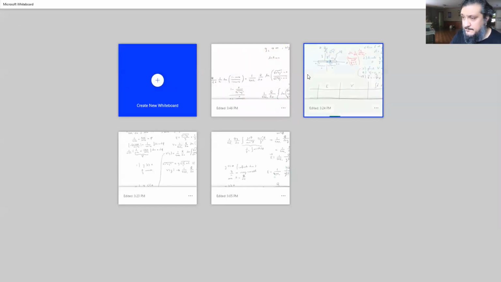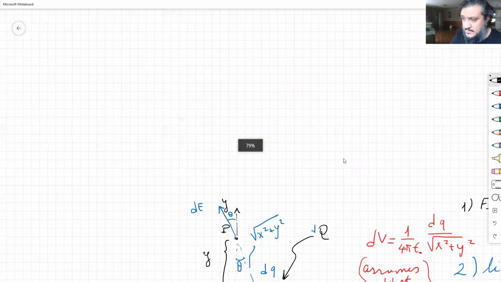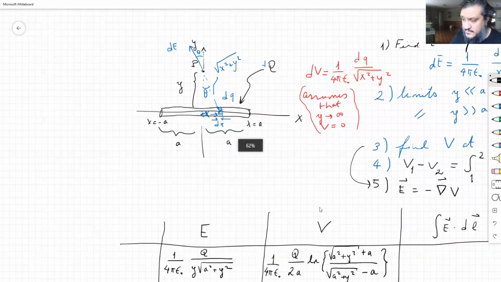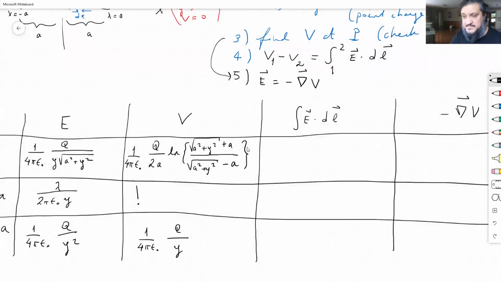Here's the table. Let me zoom out a little bit. And in the table, we already filled out the potential here. Same expression, see? 1 over 4 pi epsilon 0 q over 2a ln whatever. So this checks. I'm going to put a check mark here. Same result.